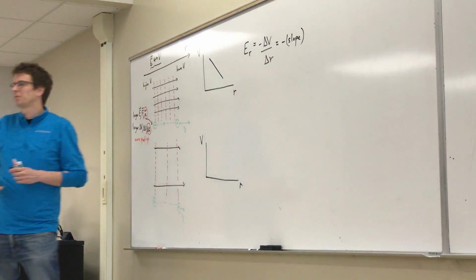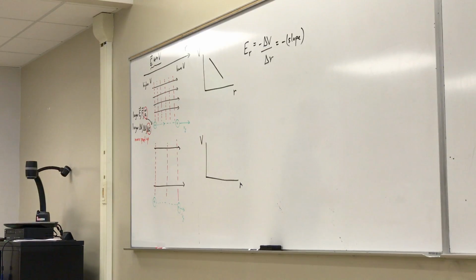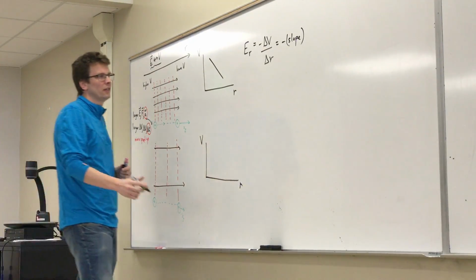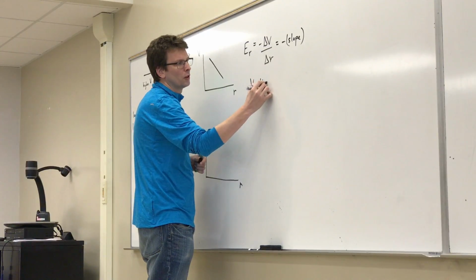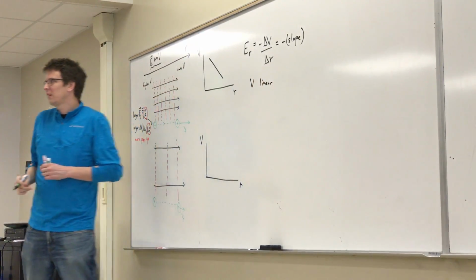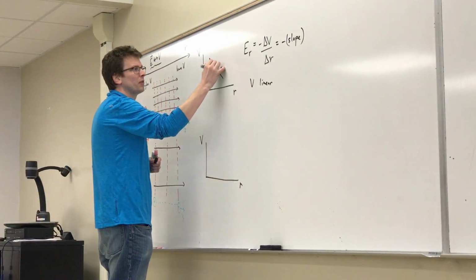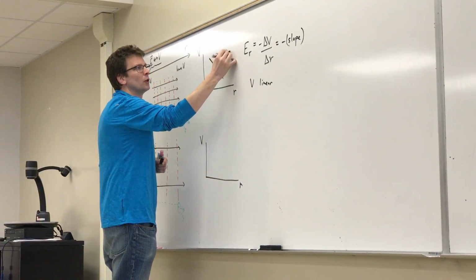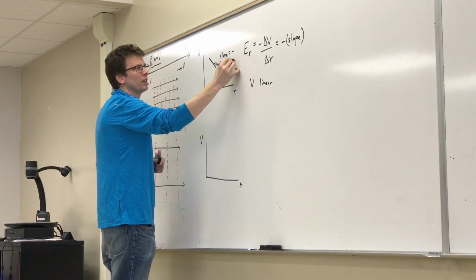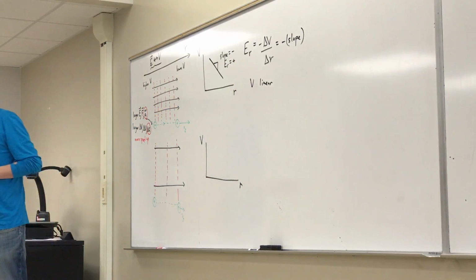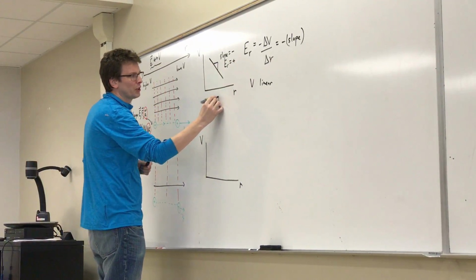Okay? So, if the voltage changes linearly, then of course we know that for a linear shape, the slope is constant. Here my slope is negative, which means my electric field is positive. So it points in the positive R direction.